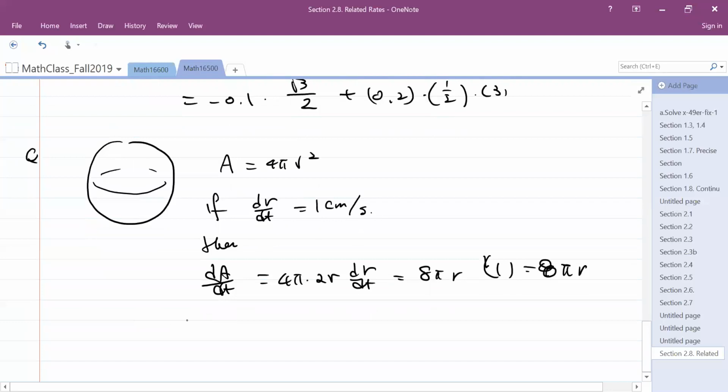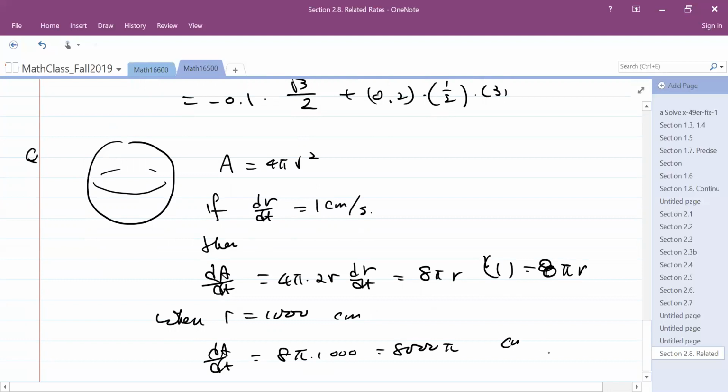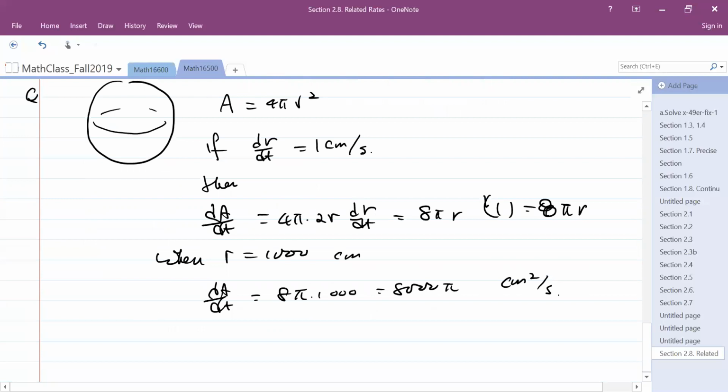So you have to say that when r equals 1,000 centimeters, at that moment, the rate of change in area is going to be 8 pi times 1,000, 8,000 pi square centimeters per second. So the larger the ball, the larger the rate of change of area, even though the rate of change in the radius is constant.